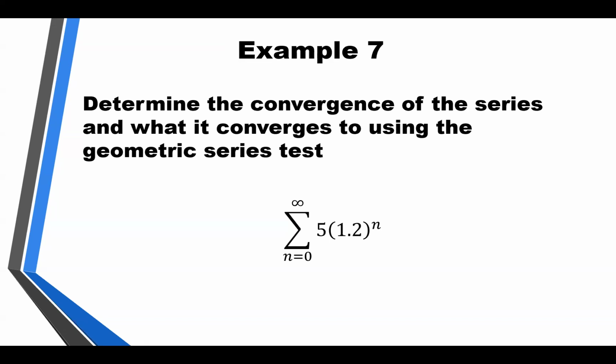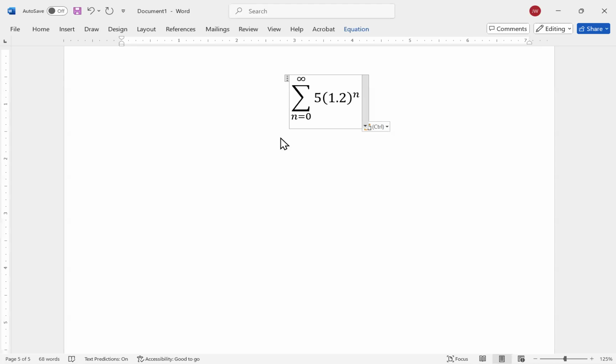So for this one, we have an infinite series that is 5 times 1.2 to the nth power. The summation starts at 0 and goes to infinity. This is a geometric series. It has the form that we want.